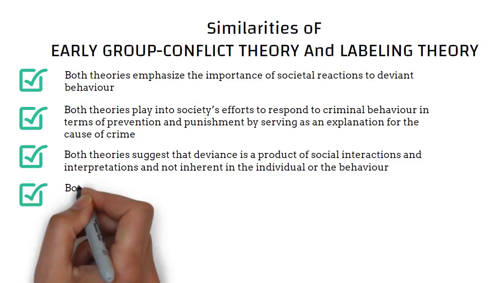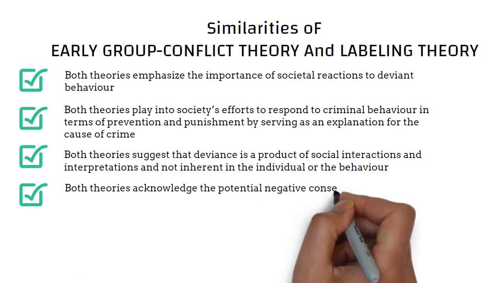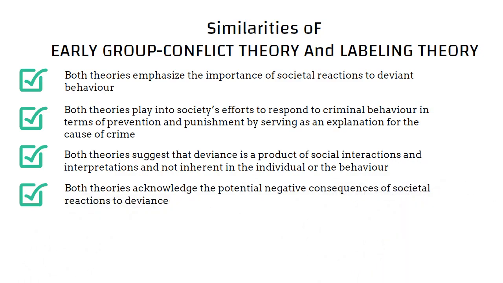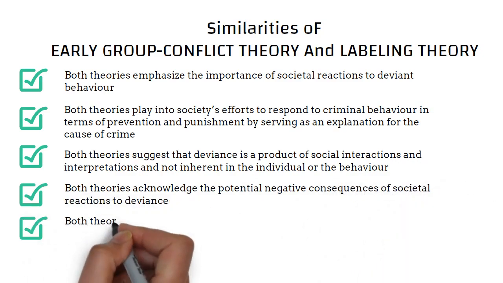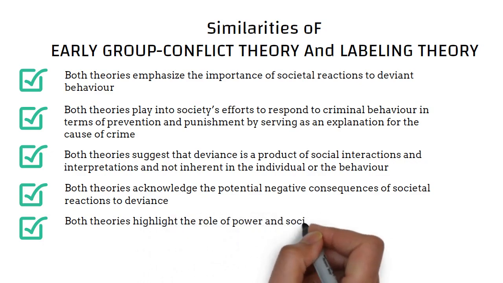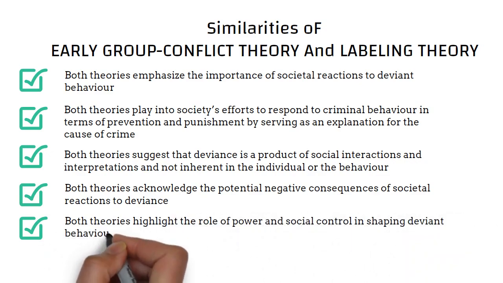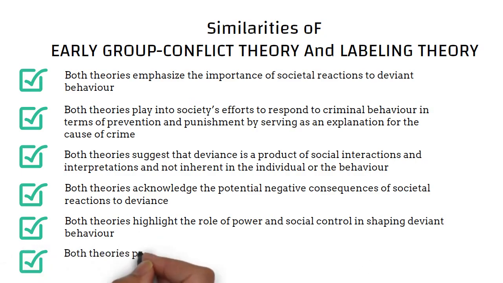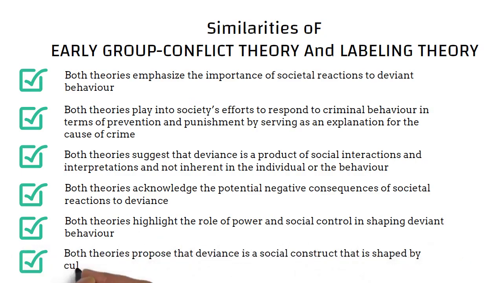These theories acknowledge the potential negative consequences of societal reactions to deviance. These theories highlight the role of power as social control in shaping deviant behavior, and these theories propose that deviance is a social construct that is shaped by cultural norms and values.